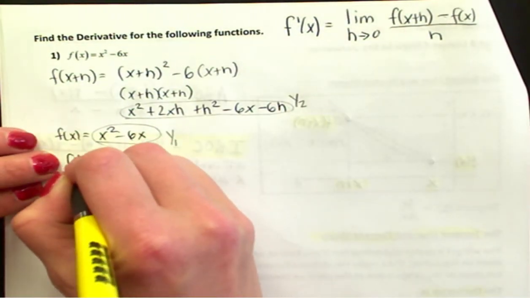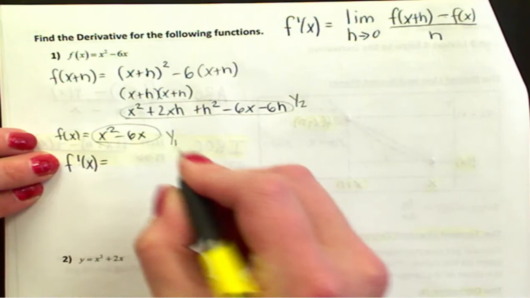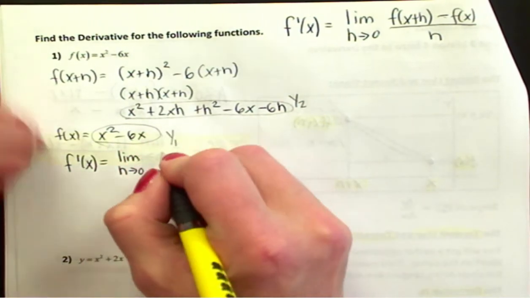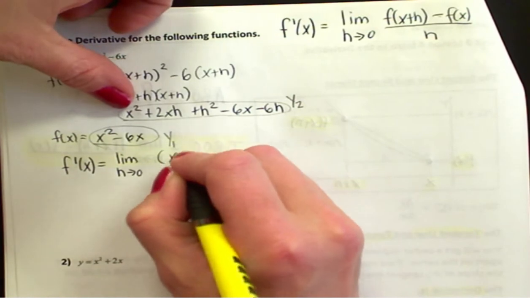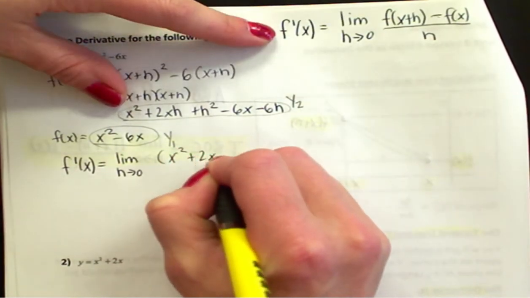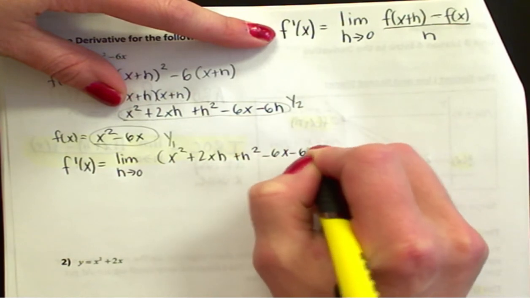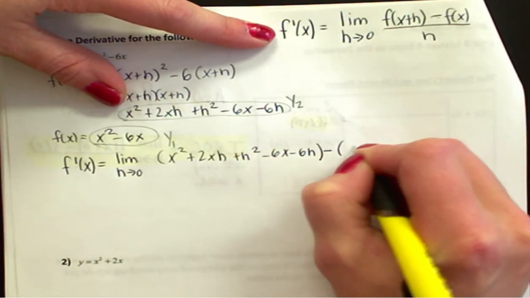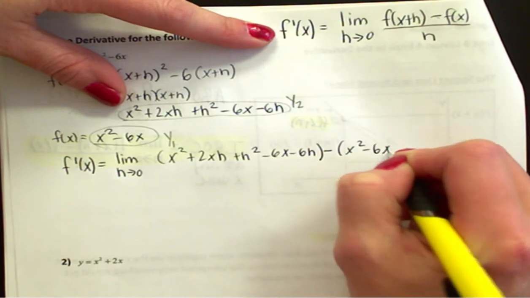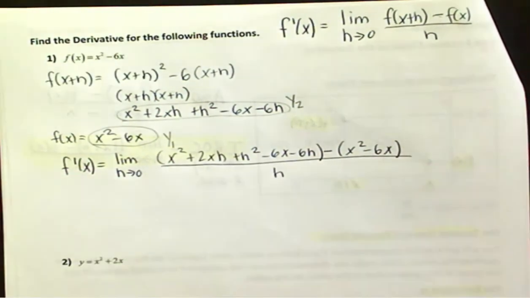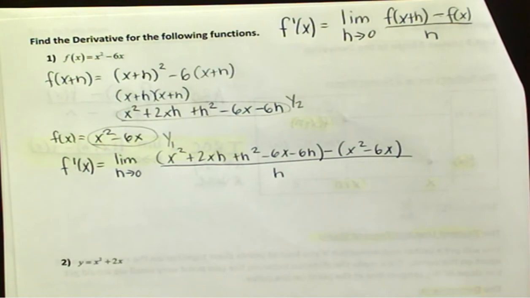Okay, let's write down our limit statement. F prime of x equals. We're going to plug in our two pieces. It is a little bit long to start, but it shortens pretty quick.